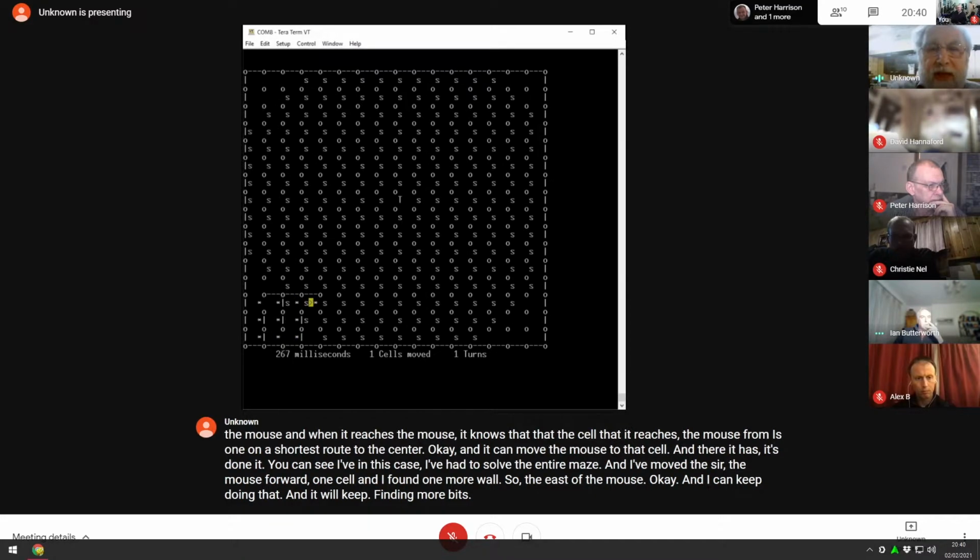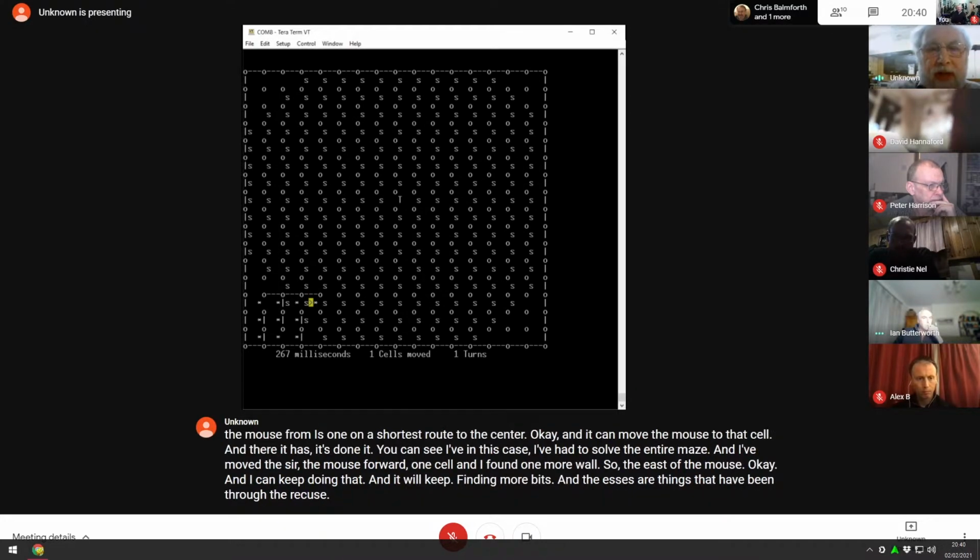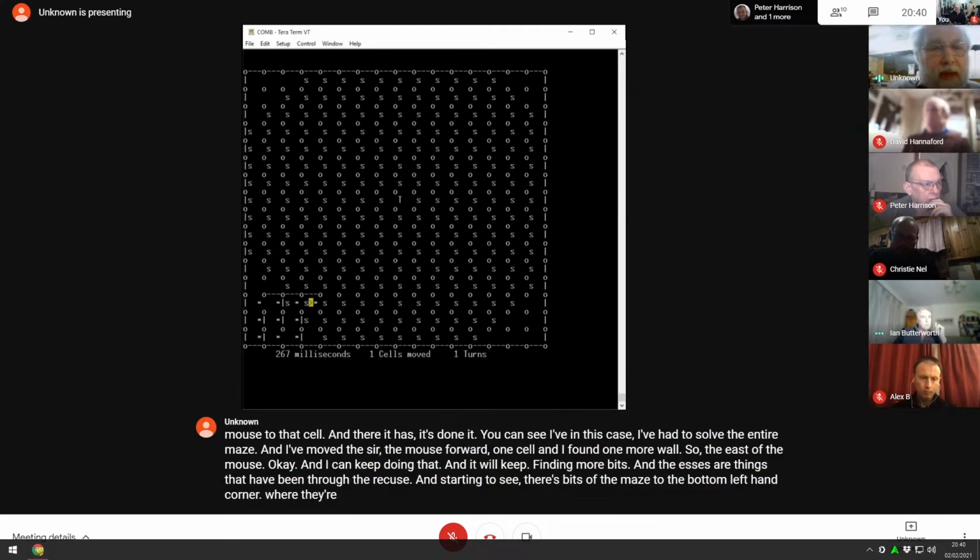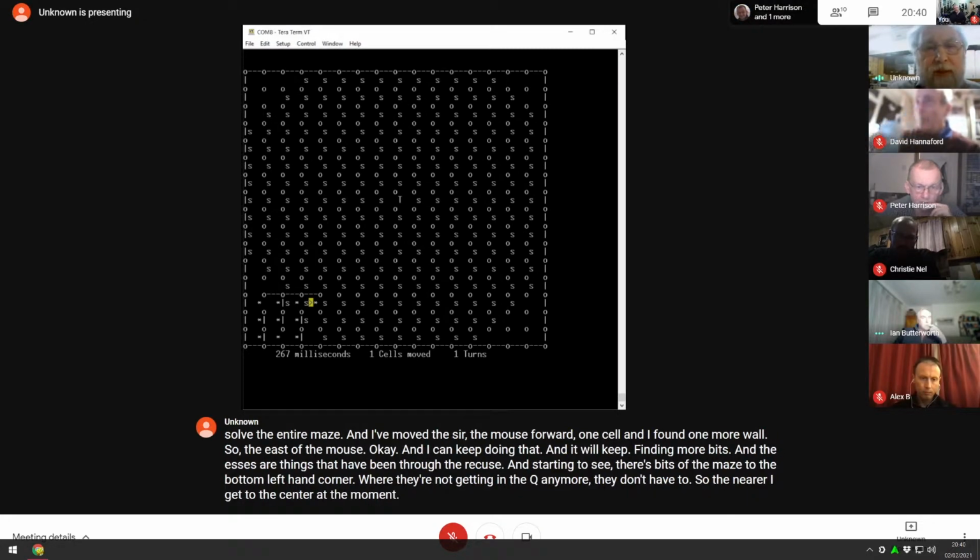Now the S's are things that have been through the queue. And you're starting to see there's bits of the maze to the bottom left-hand corner where they're not getting in the queue anymore, they don't have to. So the nearer I get to the center, the fewer cells I have to process through the queue and the faster I can go.